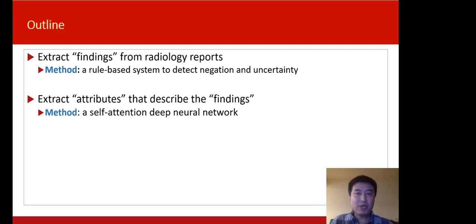And in the second project, we want to extract not only the findings, but also the attributes that describe those findings. Some examples of attributes include the size of the finding, the location of the finding, or the severity of the finding. I will describe how we use deep learning-based methods to extract those attributes to construct a labeled dataset with richer information.